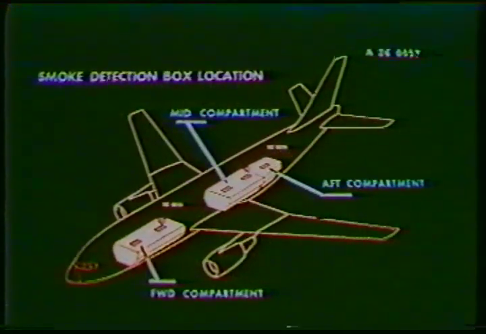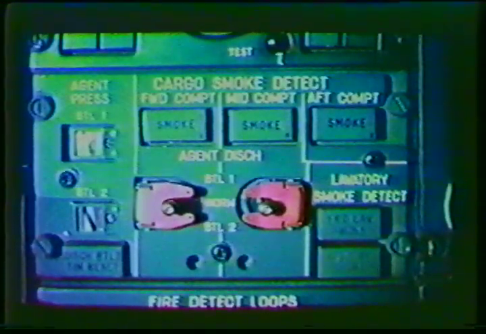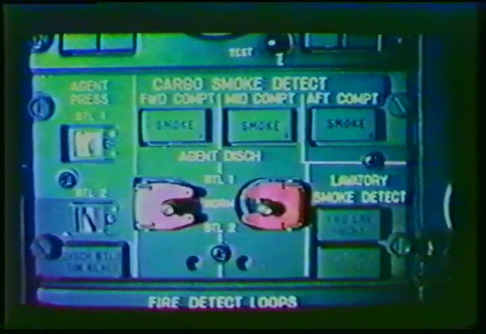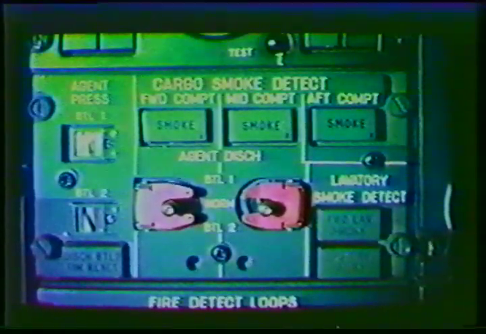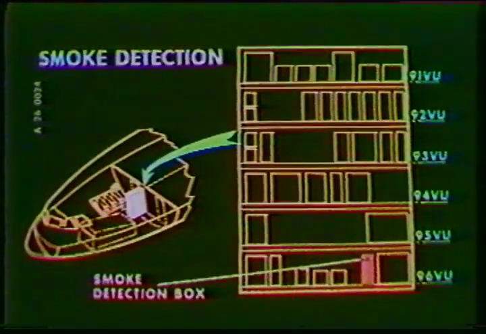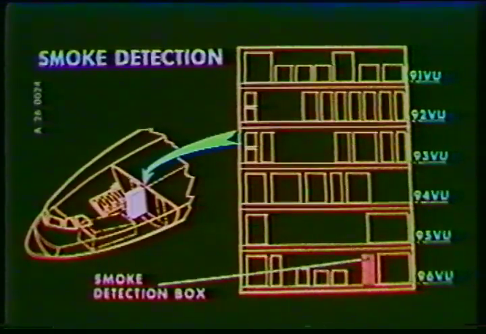We shall now continue with the cargo compartment smoke detection. The cargo compartment smoke detectors are connected to the respective red smoke warning light on the cargo smoke detect panel. An electronic detection box is used to analyze the information from these detectors.